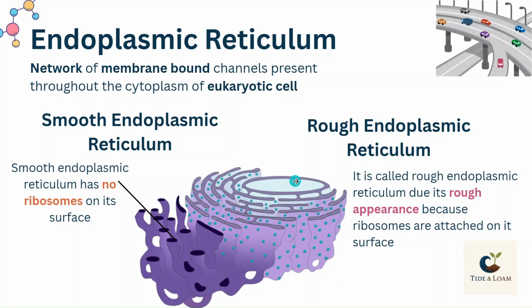So basically smooth endoplasmic reticulum और rough endoplasmic reticulum में यही difference है कि smooth endoplasmic reticulum के साथ कोई ribosome attached नहीं होते और वो smooth होती है. On the other hand, it has ribosomes attached with it and its surface is rough. Shortly हम इसको लिखते हैं SER smooth endoplasmic reticulum and RER as rough endoplasmic reticulum.